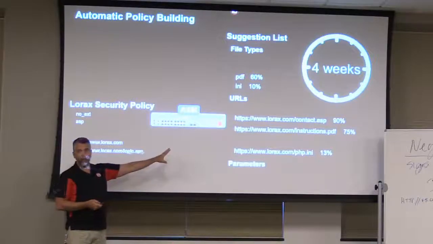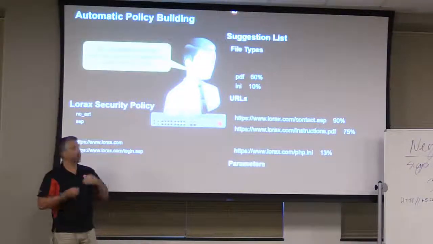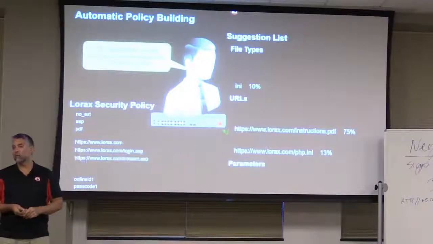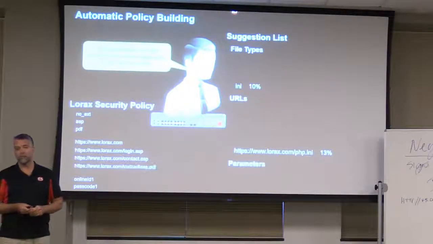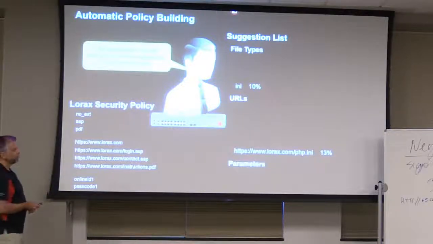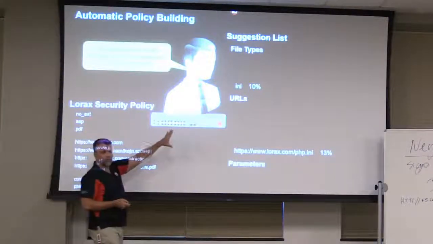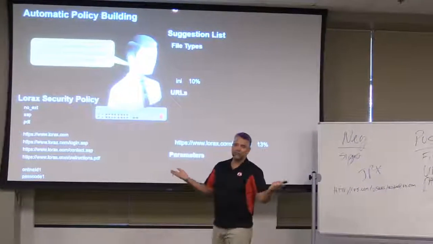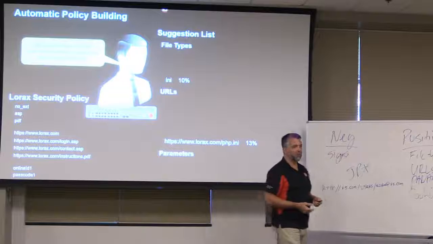Now, even though we're doing this in automatic mode, an administrator can still come in at any time and manually add stuff as well before it hits 100%. But I still have these couple of items that are still in my suggestion list, with a low learning score because nobody's really requesting very much.